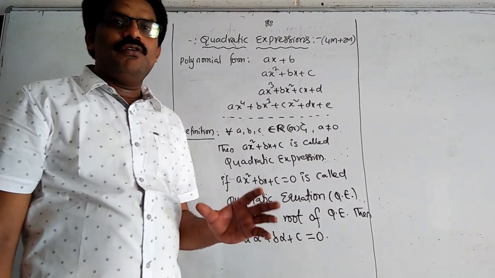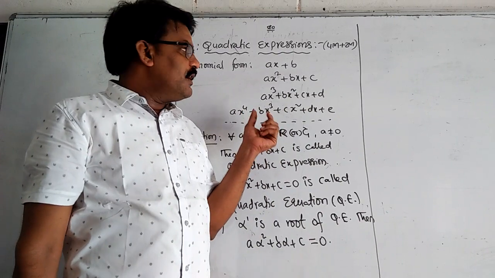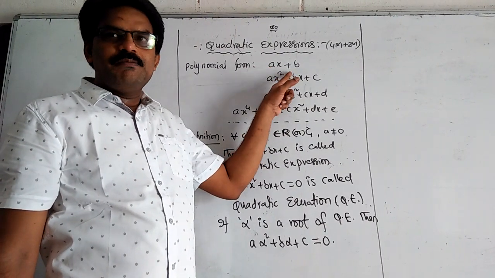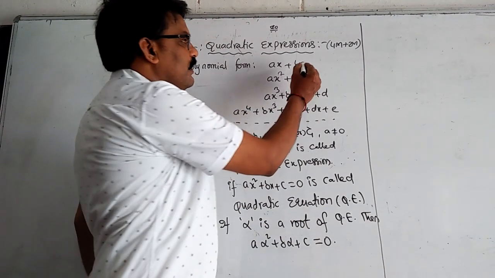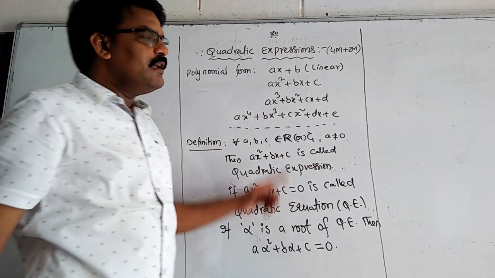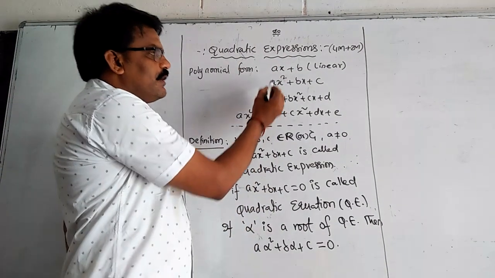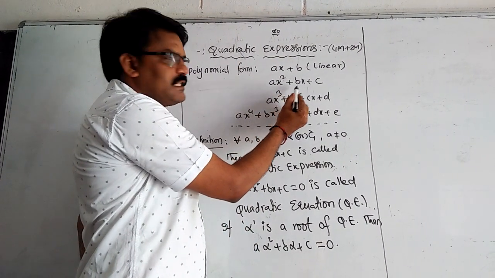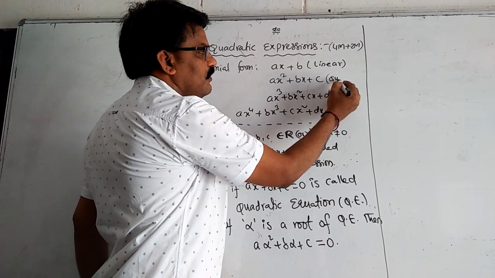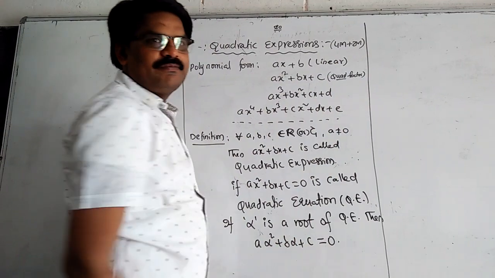Before that, we need to know about polynomials. If you take a polynomial in the form ax plus b, this is called a linear polynomial. Here the power of x is 1. When you write ax square plus bx plus c, this is called a quadratic factor or quadratic expression.